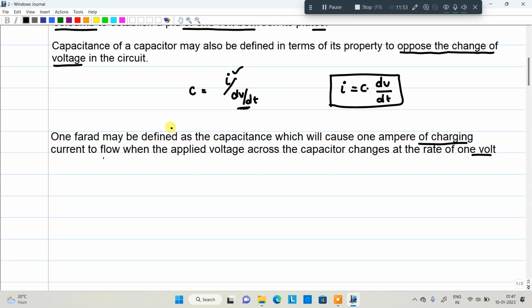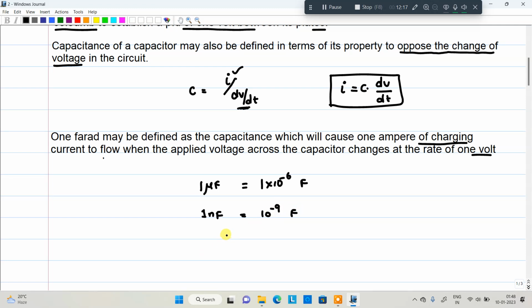In the case of capacitors, different values are mentioned, but they are usually small values. It can be mentioned as 1 microfarad, for example. 1 microfarad means 1 into 10 power minus 6 farad. Next, 1 nanofarad. Nano is nothing but 10 power minus 9 farad.